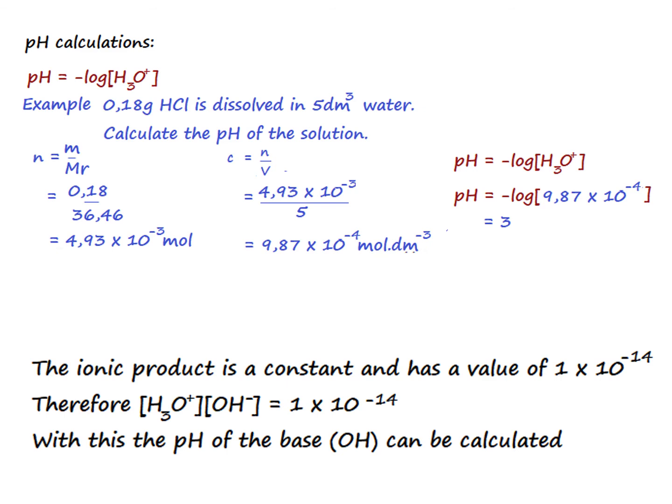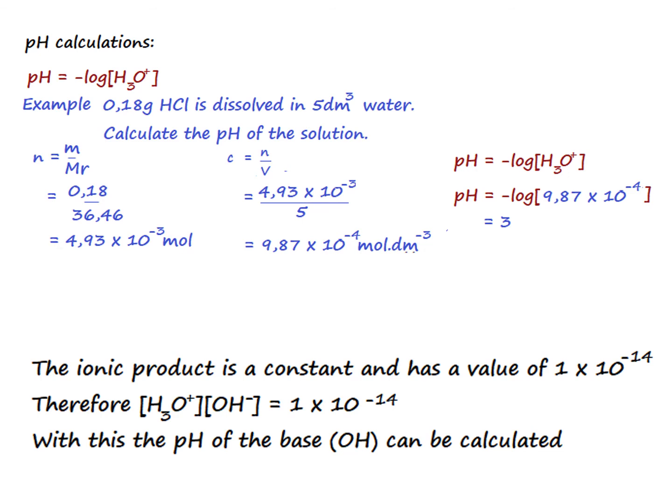pH calculations. Now the formula to calculate pH is pH equals minus the log of the concentration of the hydronium ions. Let's look at the example. 0.18 grams of HCl is dissolved in 5 cubic decimeters of water. The question is: calculate the pH of the solution.